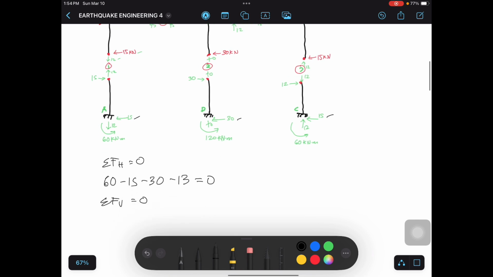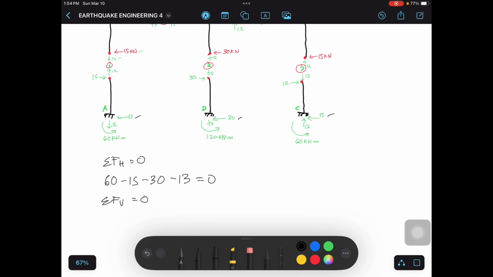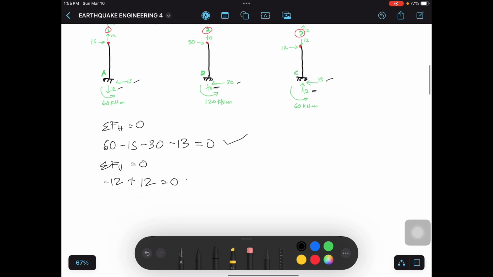Wala kang vertical load, pero meron kang vertical reactions. Ito, downward, negative 12. And then ito ay 0, yung dito, 0. And then upward na vertical sa point C, positive 12 equals 0. So check, na 0 nga.